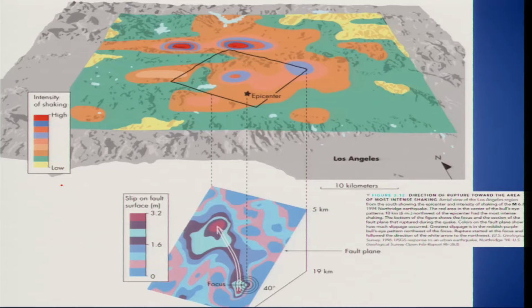Now the most important part which we require for the settlements around the area, or for site specific studies, is what will be the intensity of the shaking in that particular region.